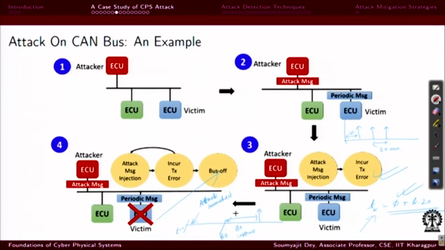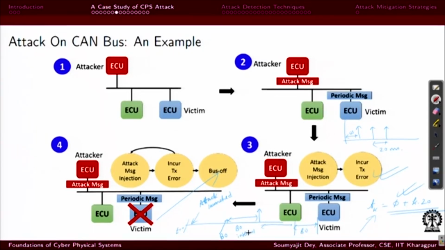So inside this bus off interval, the attacker is mimicking messages of this victim ECU with malicious messages. So this entire thing can start happening again, right? Again there will be an attack window and again there will be a bus off period, etc.